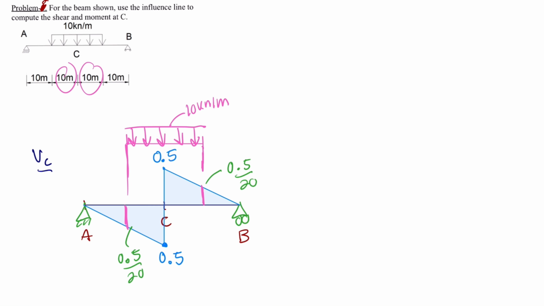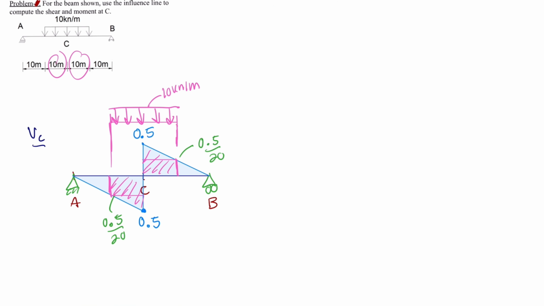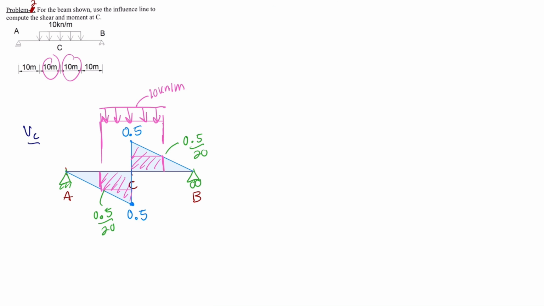The main difference for this problem is that since it is a uniformly distributed load, in order to compute the shear at C, we will take the area of this shaded section. We will divide this into a rectangle and a triangle for both of them. As we recall, this is the positive side and this is going to be the negative.